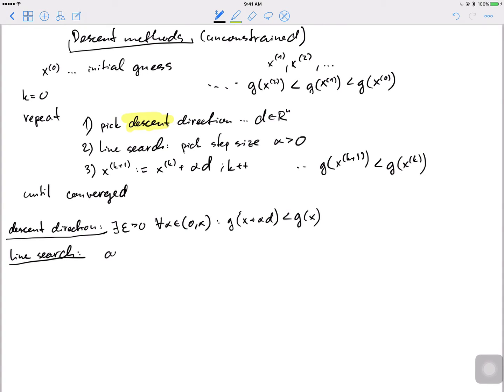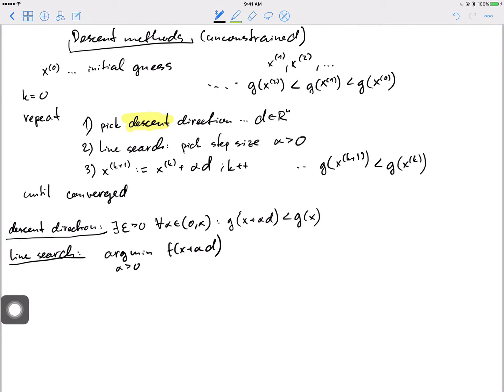Ideal line search would minimize this function over alpha, a positive scalar. Ideally, I would return the alpha such that g(x + alpha d) is as small as possible. That's really the idea of a descent method. It converts the problem into a sequence of one-dimensional optimization problems.